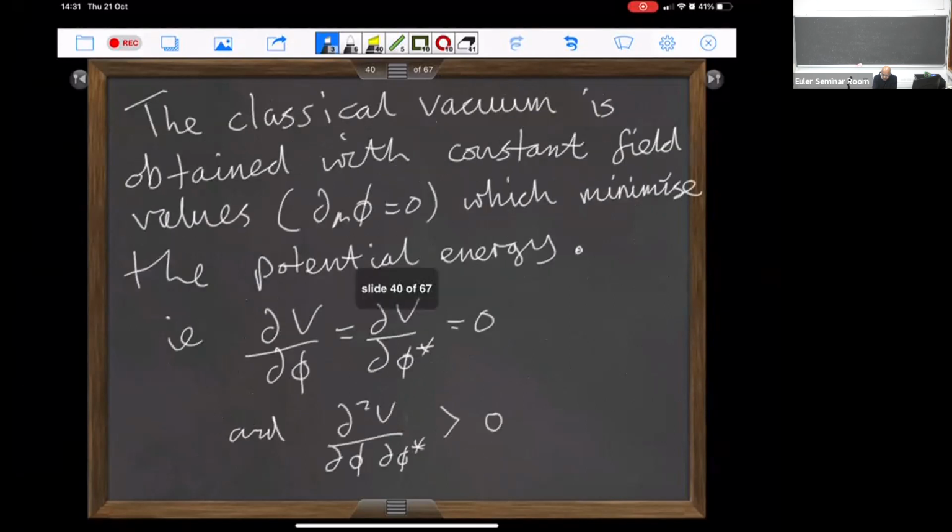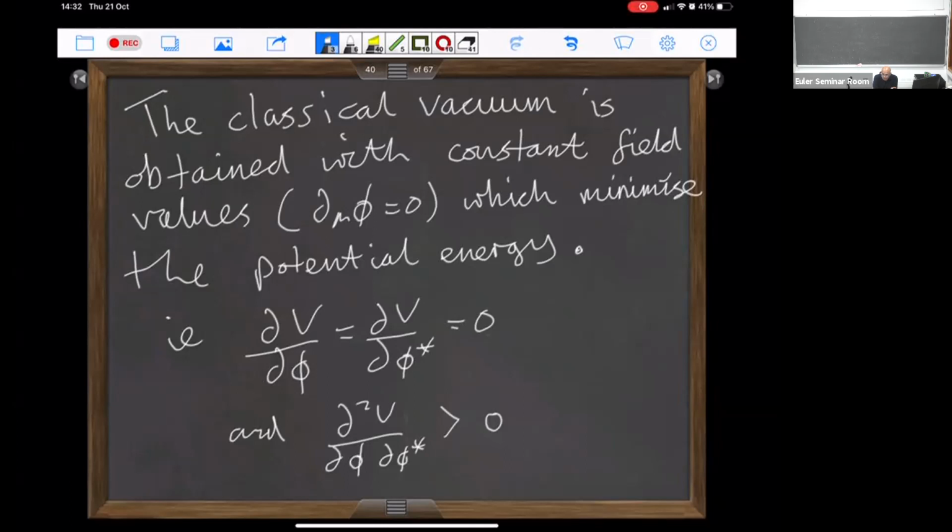So let's consider these two options, and let's consider what we're supposed to do. The classical vacuum of the theory is obtained by constant field values. The point here is that we take d mu of phi to be 0 in the vacuum state of the system, because otherwise the configuration will break Lorentz invariance.